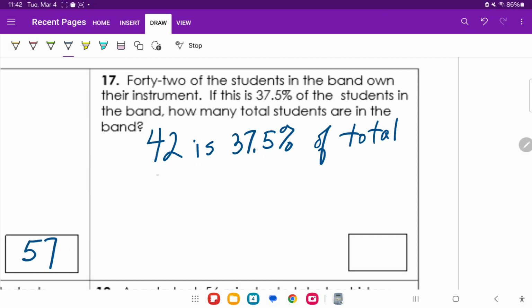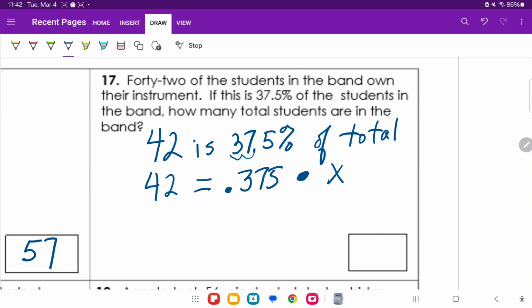All right, so we're going to go 42 and then "is" changes to equals. And then this, we again move the decimal 2 places. So it's 0.375, okay, not the percent because we moved the decimal. Of means multiplication. And then the total, let's just use X for the total, okay?